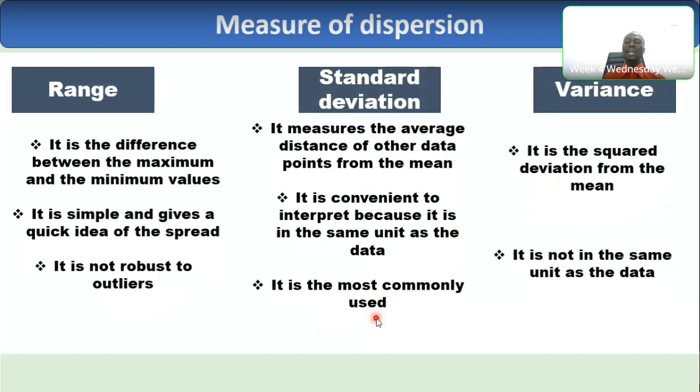So variance is not in the same unit as the data. So in some advanced calculations, people use variance because of some reasons. However, I will not be speaking about that in this particular discussion.